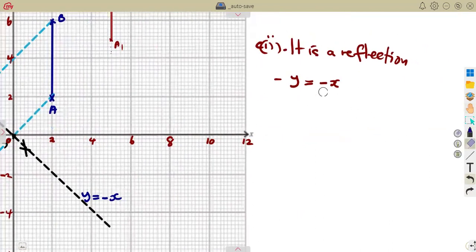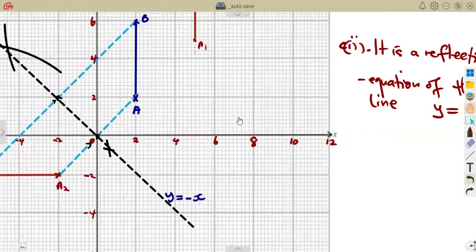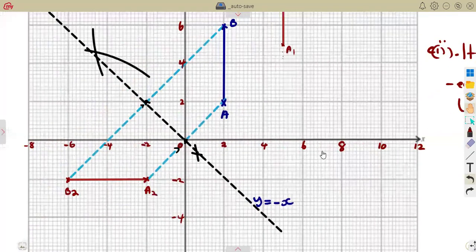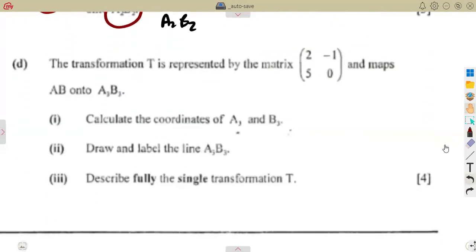So you can actually even write here, equation of the mirror line, that is y is equal to minus x. So that's it. Remember your equations, guys. Make sure that you revise your straight lines. You work on your straight lines as a separate part.